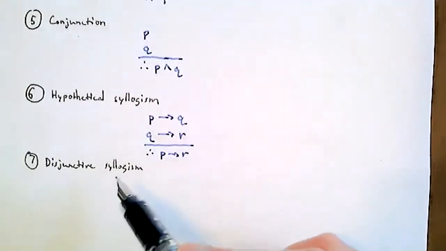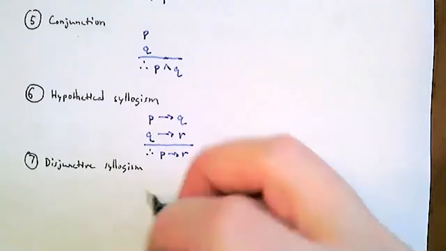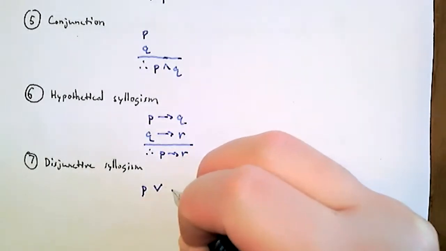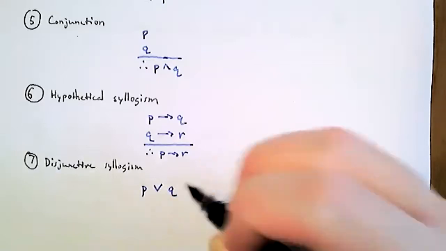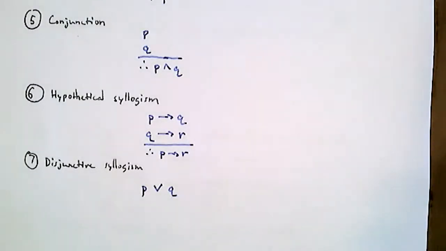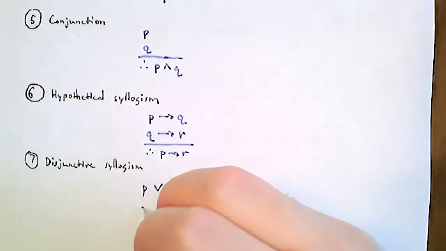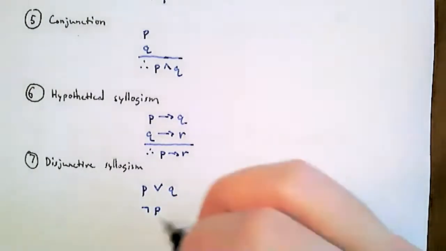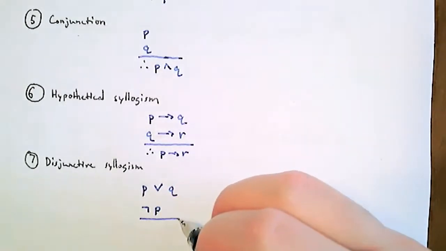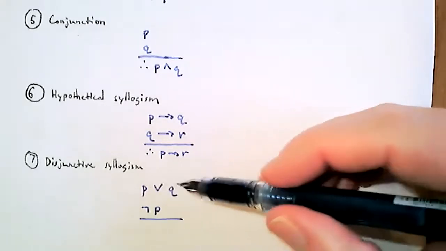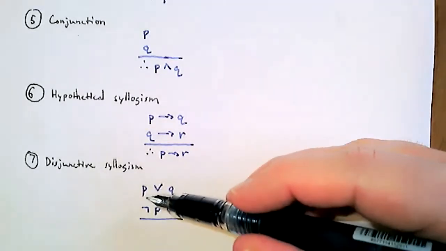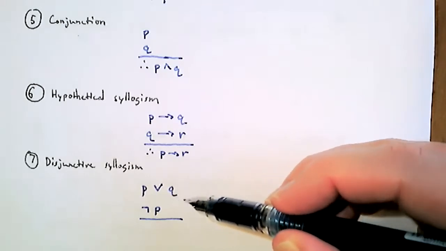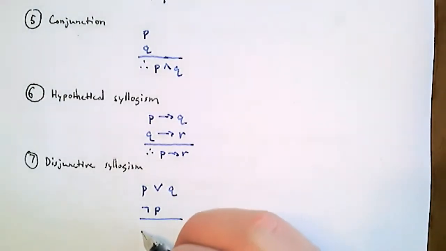And the next one, the disjunctive syllogism, well, it involves a disjunction, an or statement. So this one says that P or Q is true, and then P is false, so not P. And we know if this P or Q is true, but the first one, P, is false, then the second proposition must be true.